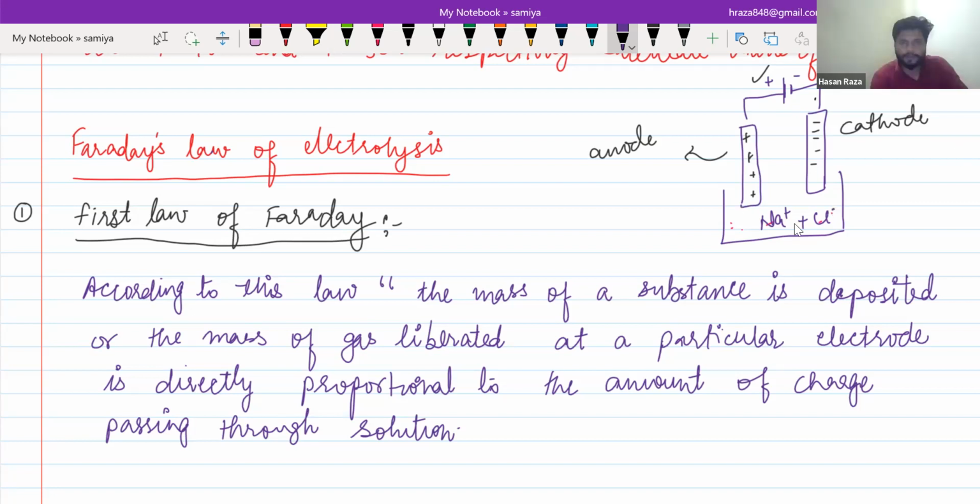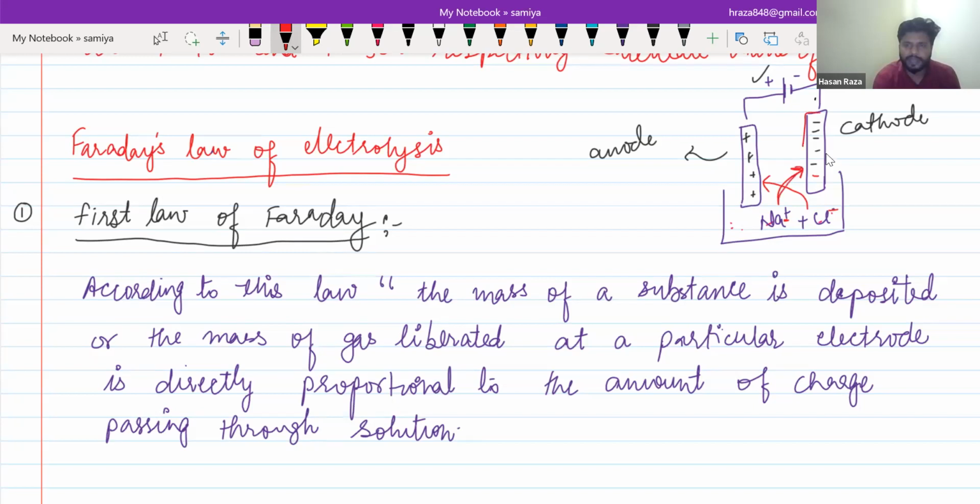Okay. Now see, you can see that this is positive charge and this is negative charge. So this will attract here and this will attract negative, because positive and negative charge attract each other. It is very easy to understand. Na plus will go to cathode and stick to it.